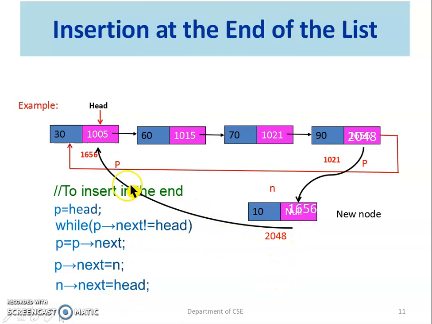Thus making a circular list. You can notice that the null value in the next field of N is replaced with the 1656, which is the address of the head node. The link between P and head node is disconnected. Thus, the insertion in the end is completed.